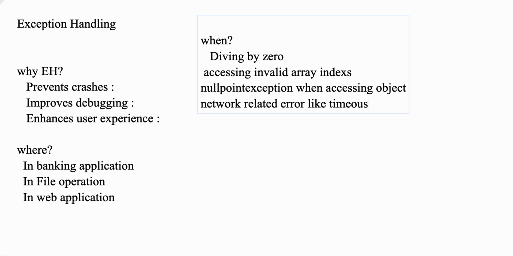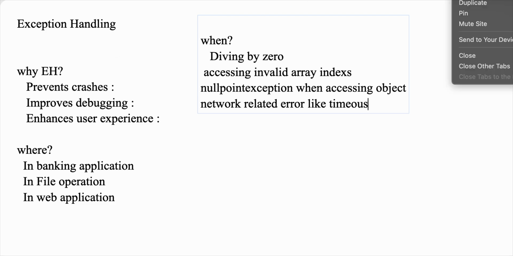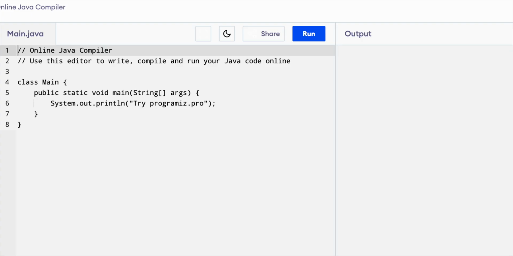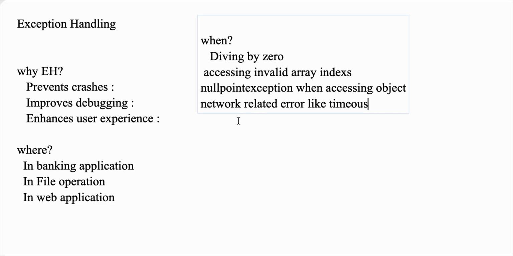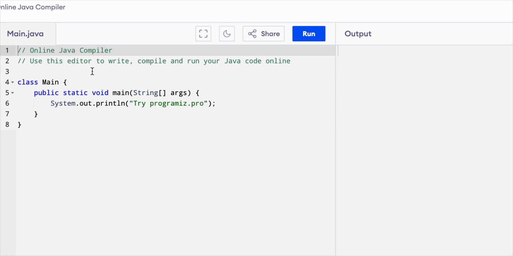For example, I will give the try block. These are try, catch and finally, which we use for exception handling, and one more keyword is throws.